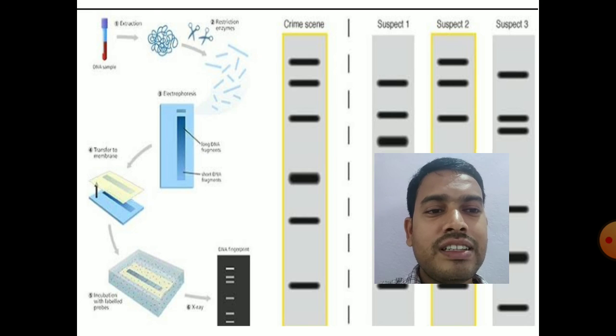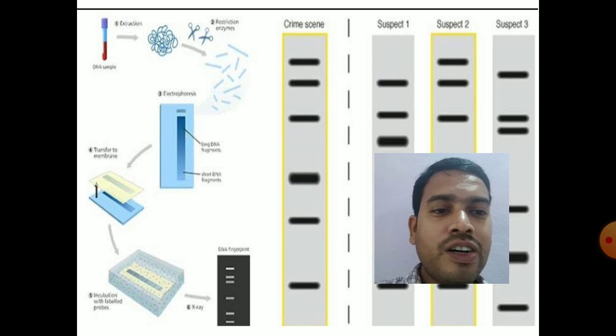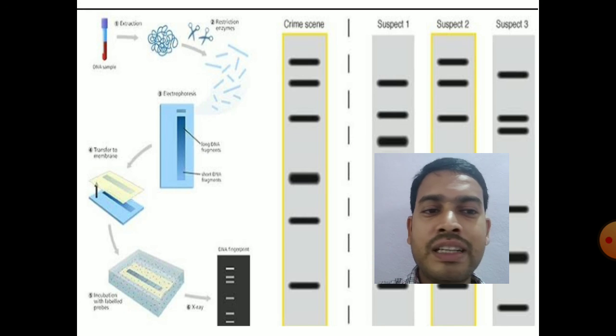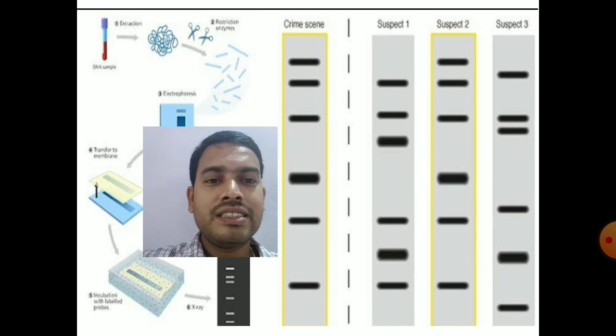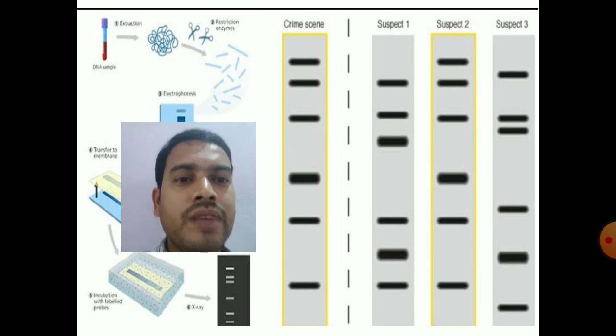After probing, an autoradiograph is developed by the technique called autoradiography, as I mentioned earlier, and you will get bands on the photographic film as shown on the right side: crime scene, suspect 1, suspect 2, suspect 3.